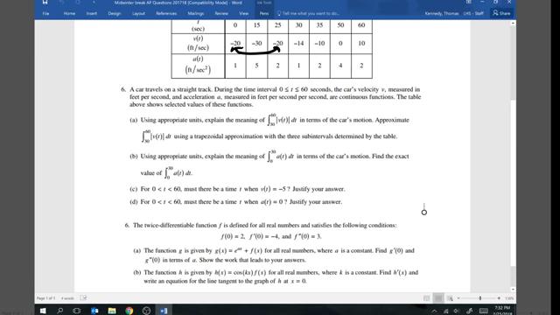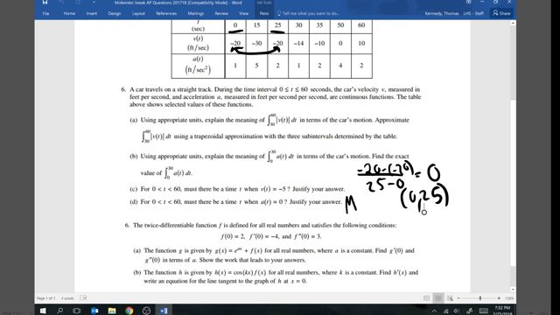I apologize, folks. But if you look at when t equals 0 and t equals 25, the velocity is negative 20 at both of those. So if I do the mean value theorem, the average rate of change, negative 20 minus a negative 20 all over 25 minus 0, I get that the average slope of the velocity is 0 on the interval 0 to 25.